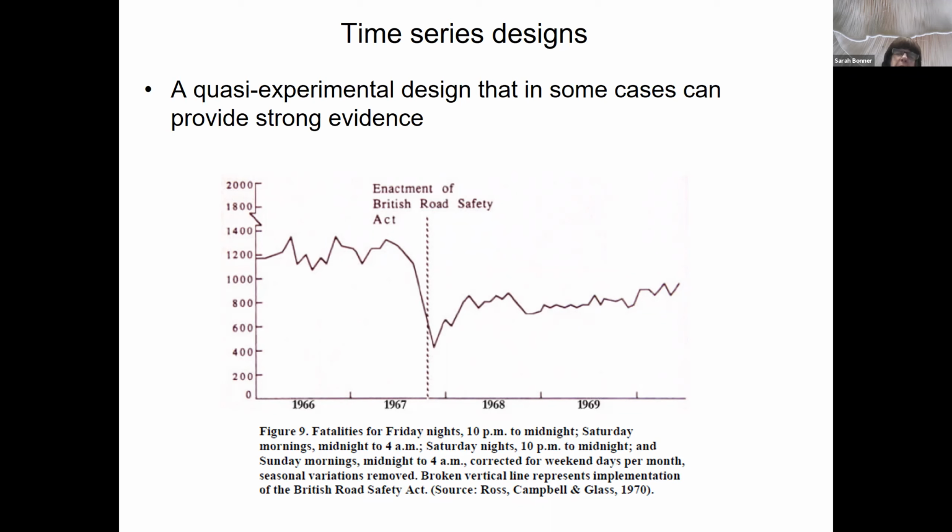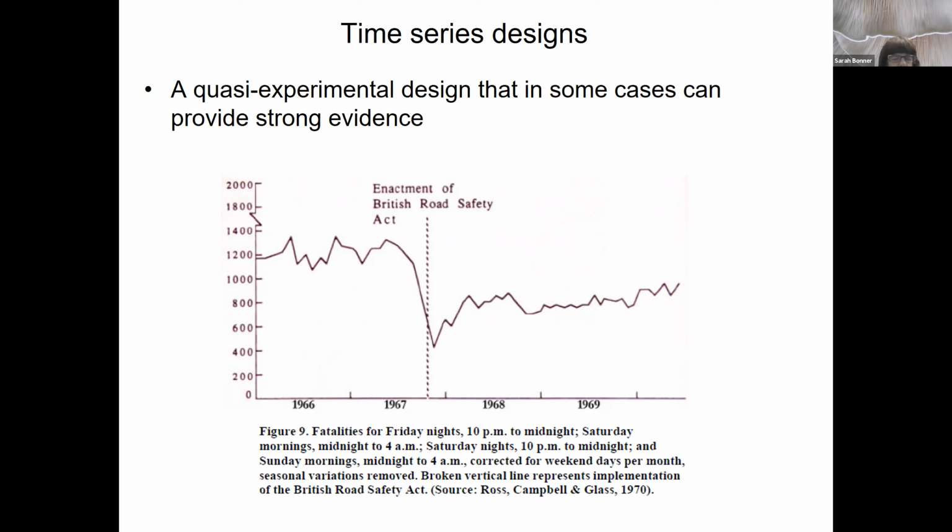The British government did this quasi-experiment where they implemented a law to everybody. So people were acting as their own control over a long period of time. And they looked back a couple of years to see the number of fatalities at these periods.